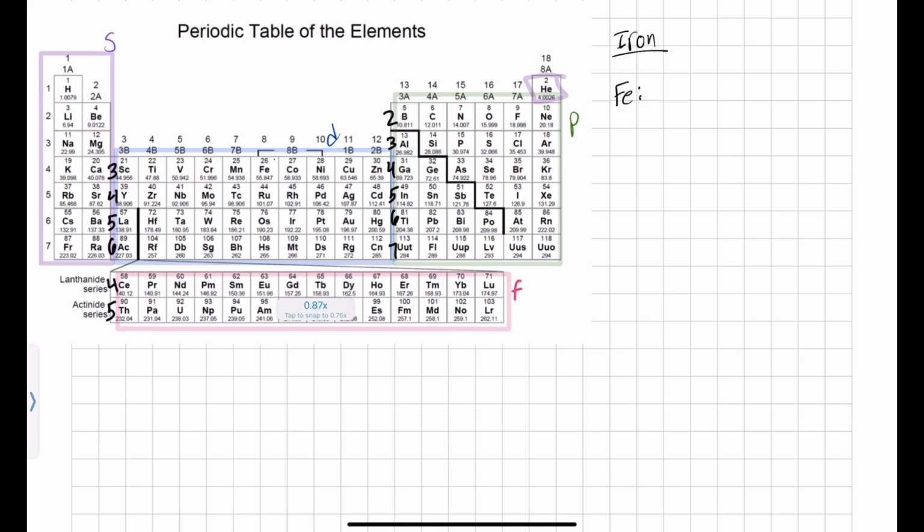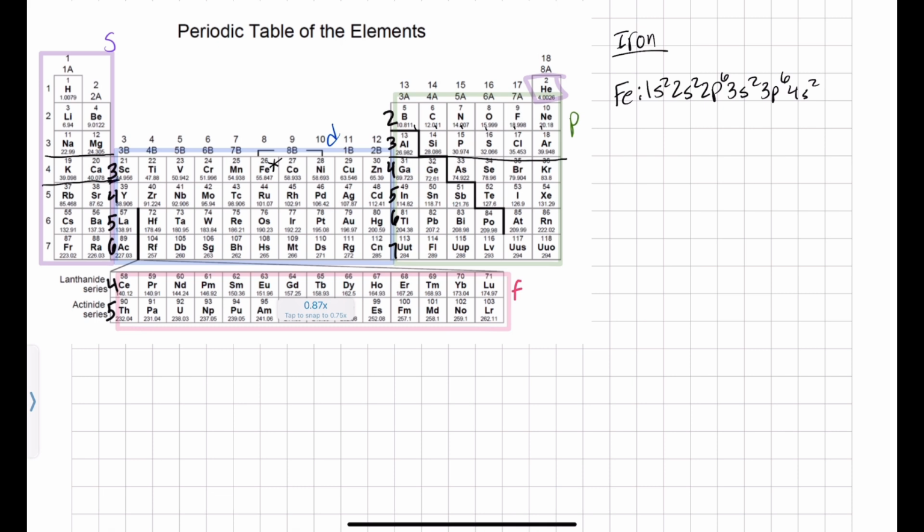Now let's try the electron configuration for iron. We start again at 1s2, and then 2s2, and then 2p, 1, 2, 3, 4, 5, 6, 2p6, and then down to 3s2, and then 3p6 again, and then down to 4s2, and then we come to the D block.